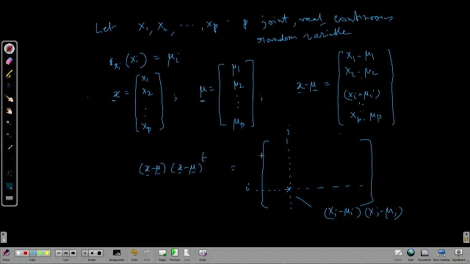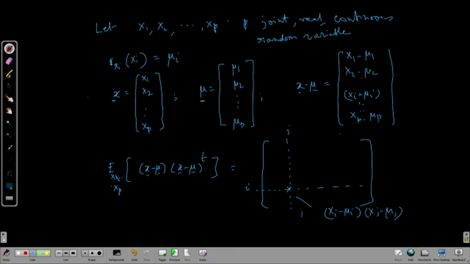And if I now apply the expected value on this, expected value with respect to all of them, x1, x2, dot dot dot up to xp, this E will work here, but you see only two random variables xi, xj are present. So, as I told you, all others will drop off, only xi and xj will remain.